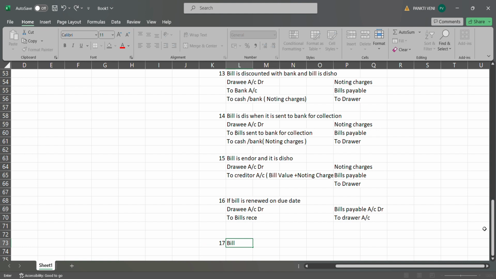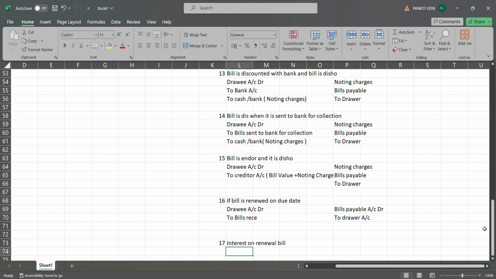Bill is renewed. Okay, you are renewing the bill. There is renewal of bill. But I will not renew like that. I'm investing, I'm blocking my amount. So you'll have to pay interest. So interest on renewal of bill.